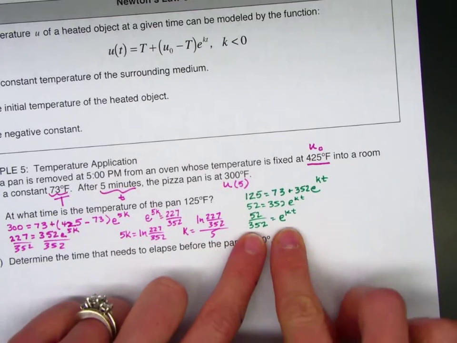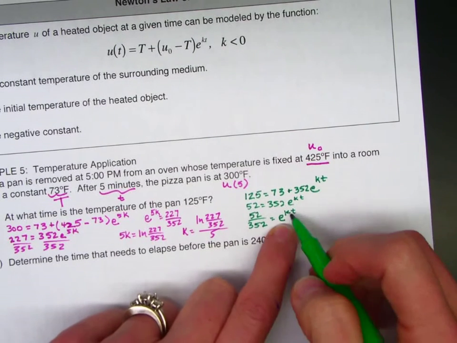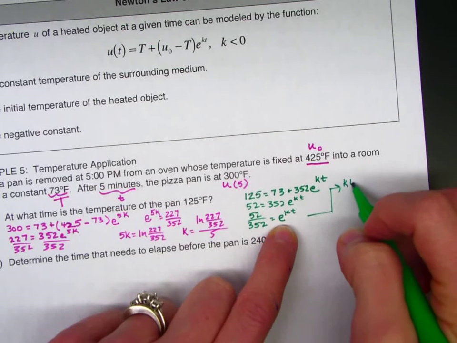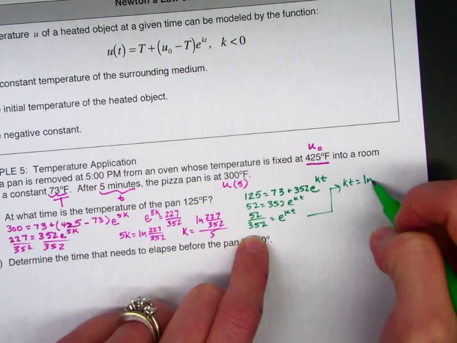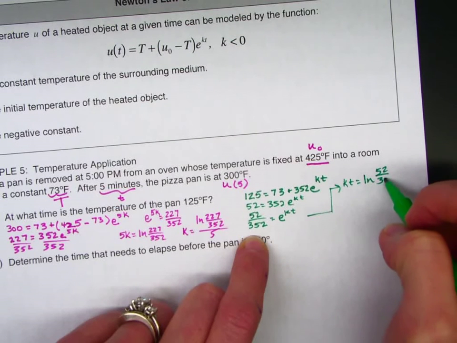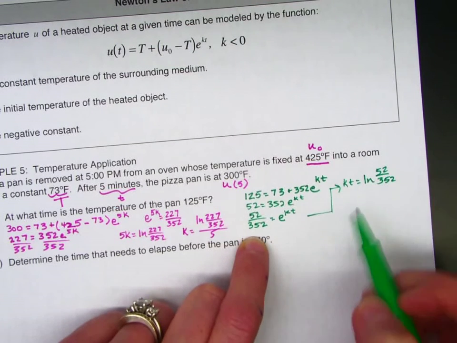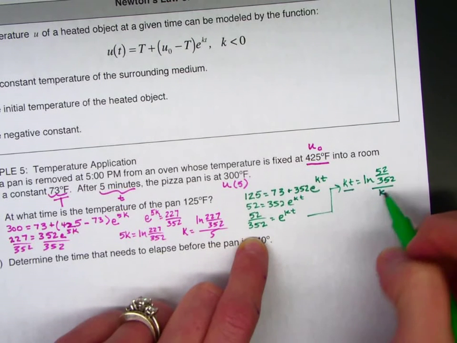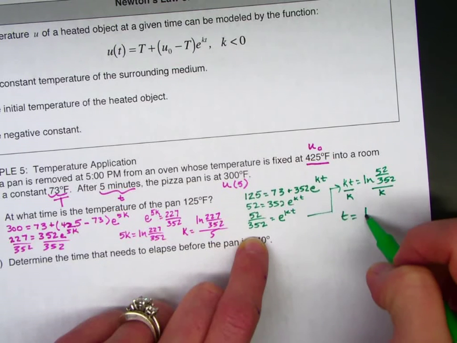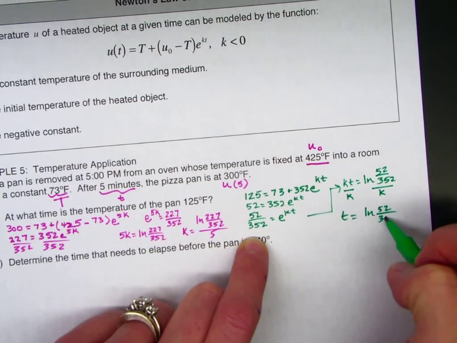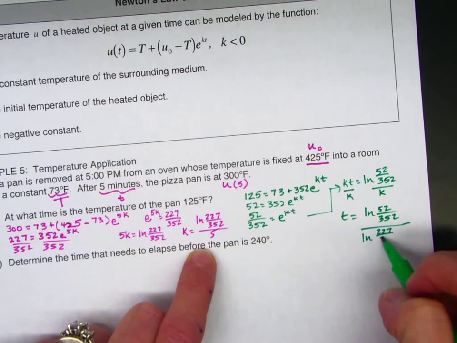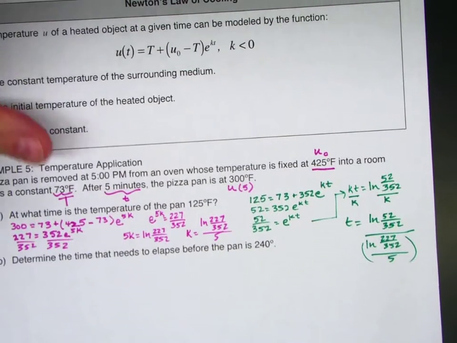Okay, now if we take the natural log of both sides, the natural log of this side leaves us with kt. And the natural log of this side, we would still have this, but it'll be the natural log of that quotient. And then to solve for t, we divide both sides by k. So that means t equals the natural log of 52 over 352, all over the natural log of 227 over 352 divided by 5. Okay? So that's a doozy to type in.